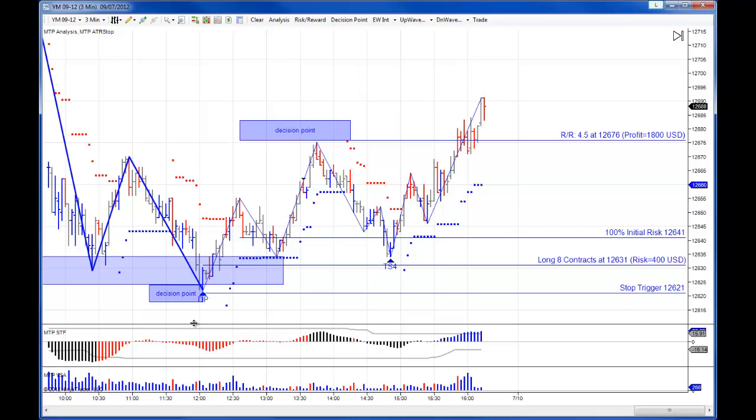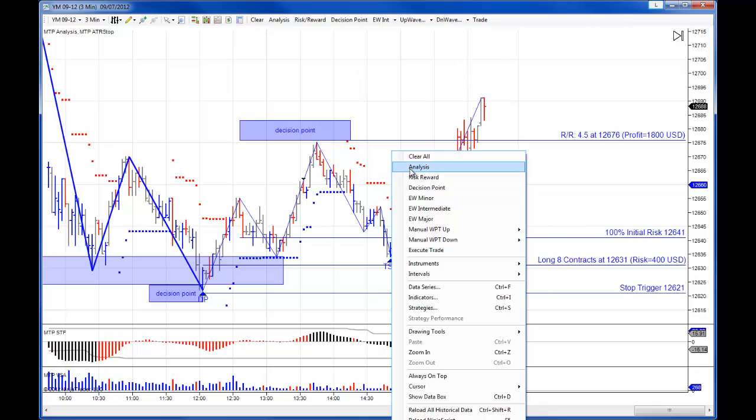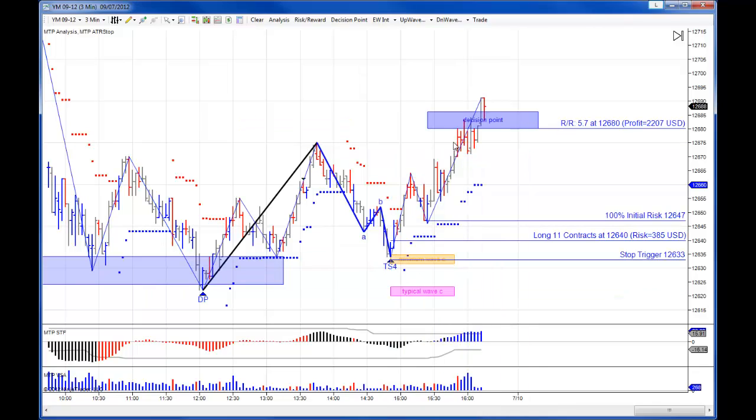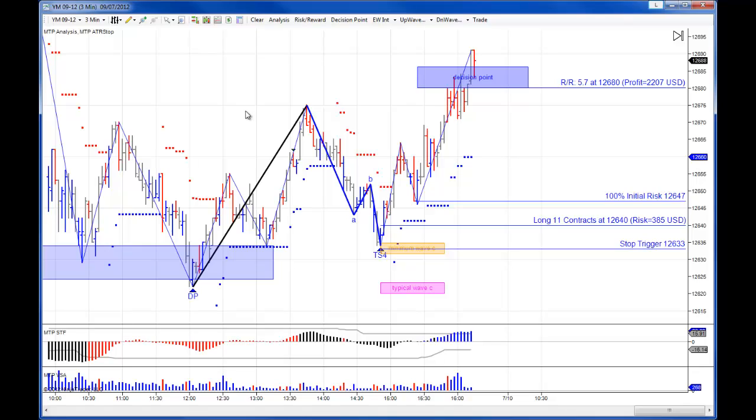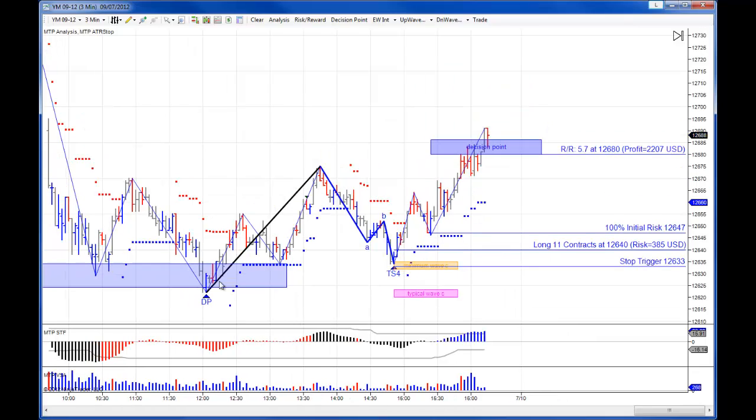And that again enabled you to have a very nice long trade off what was the low of the day, and also a nice TS4 buy setup to take advantage as the market rallied almost into the close late in the day. So a good day for not only the standard MTPredictor traders, but particularly for the more advanced traders among you who now know how to use the large degree trend to help in your shorter term trading.